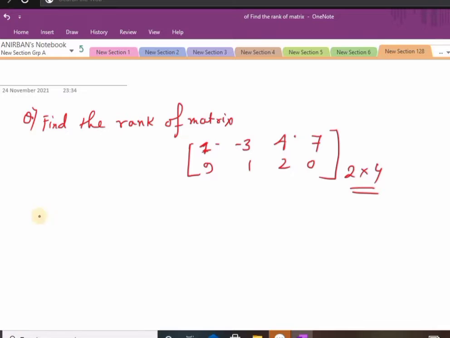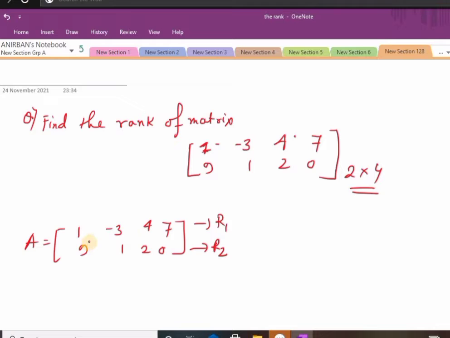So here we have this given matrix A, and we have to transform it. I am again writing this matrix: 1 minus 3 4 7, 9 1 2 0. This is our R1, this is R2.